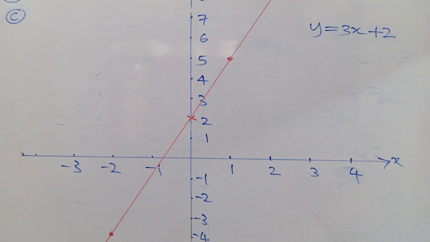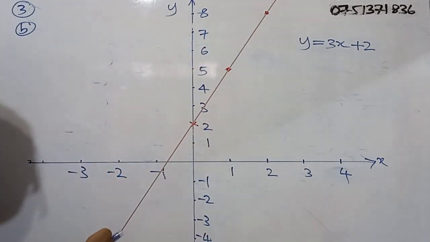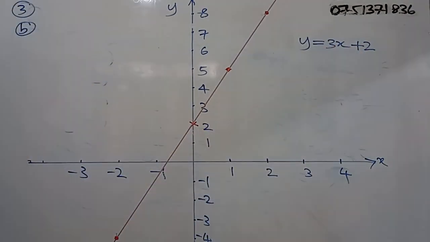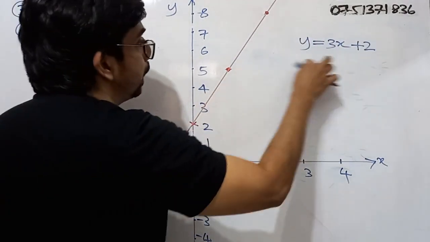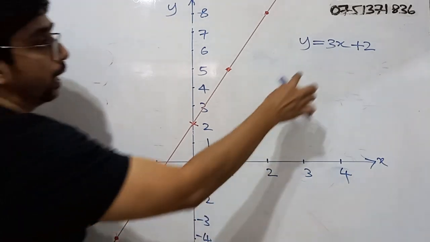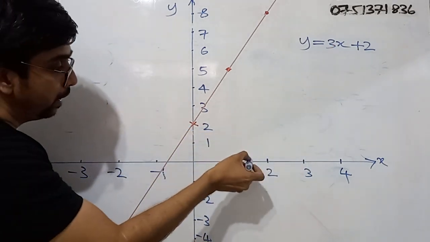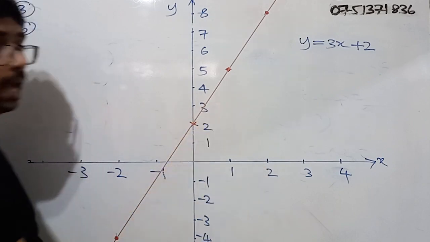So this is the graph that we get. As you can see, this is the line of the graph, which is y equals 3x plus 2. When we consider the equation of the graph, the gradient is a positive value, so that is why this angle is an acute angle.